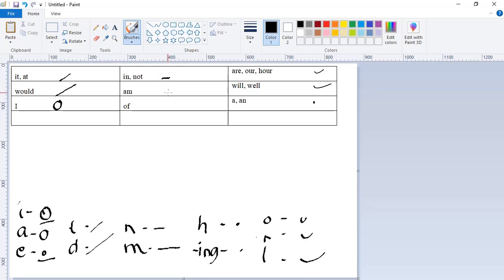In or not have the same strokes. Now next, is represented by your M stroke. Of is represented by your O stroke, soft O stroke. Our is represented by your R stroke. Will and well is represented by your L stroke, and A and an are represented by your period.